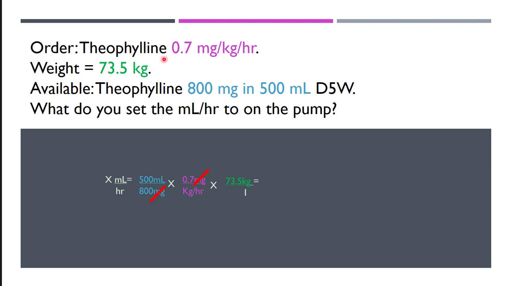Weight up there in the weight. That allows me to cancel these kilograms out, leaving mils on top and hours on the bottom. Once I see that that's all that's left, I can stop and I can multiply, cross, and divide. 32.15625. Once again, it's mils per hour, so I round to a whole number of 32 mils per hour.